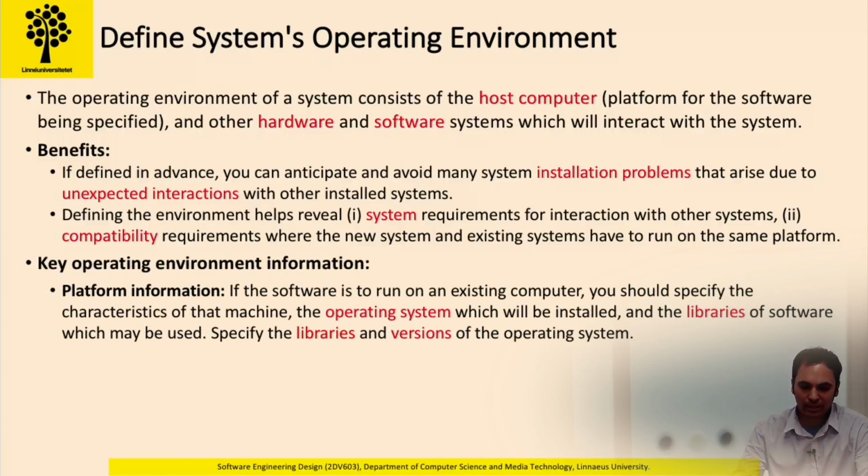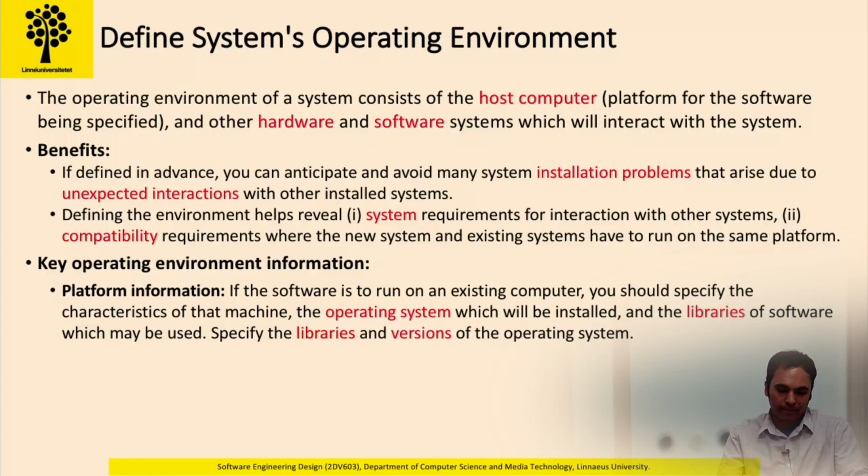So there are three potential types of environment that the requirements might deal with. The first one is the platform information. So what operating system will be used for the system, for example, and what libraries will the product that I am developing be interacting with.